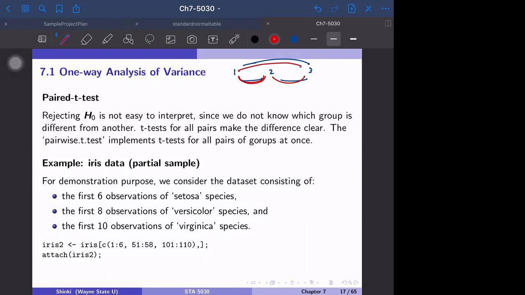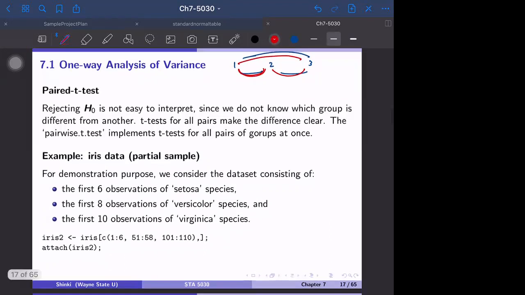There are several functions to do this conveniently. For demonstration purposes, we pick the first 6 observations of the Setosa species in the iris dataset, the first 8 observations of Versicolor, and the first 10 from Virginica. If we used 50 observations, the difference would be so clear, so we just picked a few.